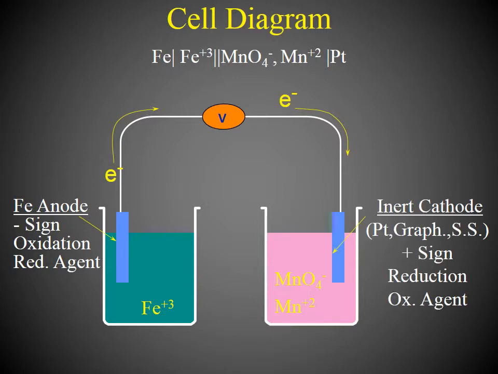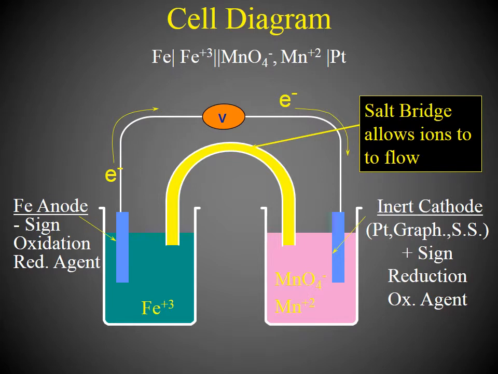The cathode is inert. It could have been platinum, graphite, or stainless steel. Typically in a lab situation we use graphite because it's lower cost. It has a positive sign. This is where reduction is occurring. This is where the oxidizing agent is. And of course I need a salt bridge to deliver ions to the two solutions to neutralize the build-up of charges. Negative ions go to the anode, positive to the cathode, and here is the description of it.